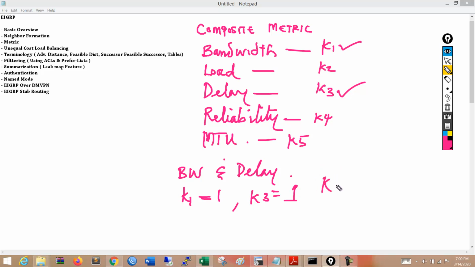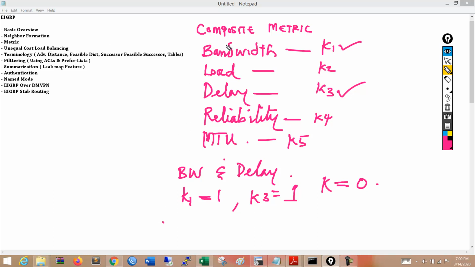Every other K value is equal to 0, and EIGRP uses a very ambiguous formula that I wouldn't even want to bother my head to write. So look it up and post it in the comments. But that's how EIGRP calculates metric.